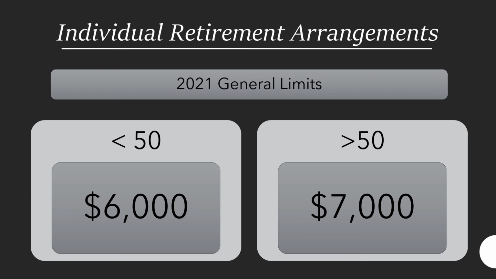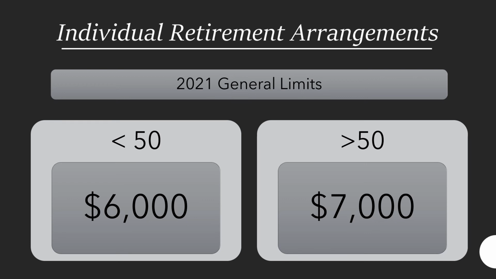Each spouse has their own account, and in this case, each spouse will have their own limit. So spouse 1 has a $6,000 limit, spouse 2 has a $6,000 limit. And for age 50 or greater, the extra contribution, the catch-up contribution, is calculated on each spouse separately.